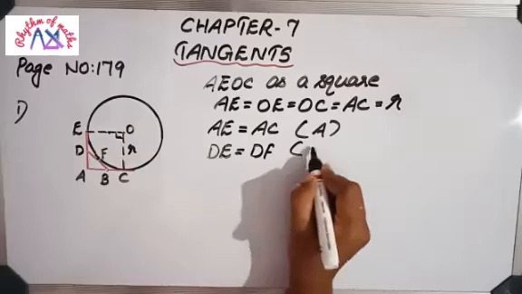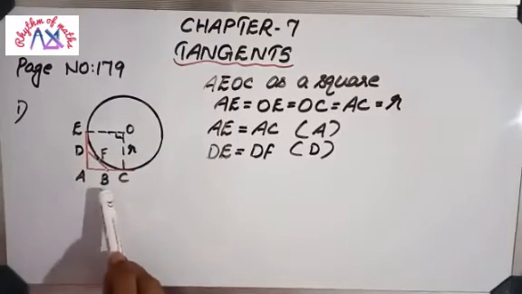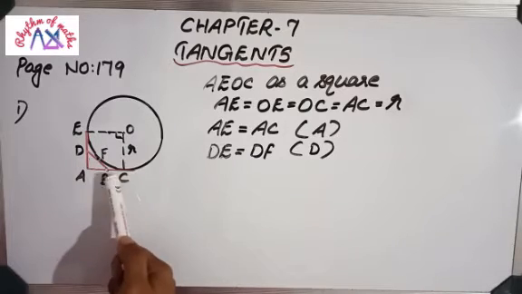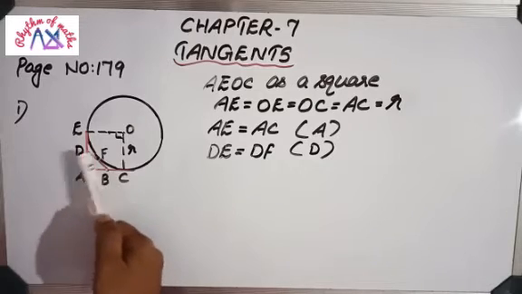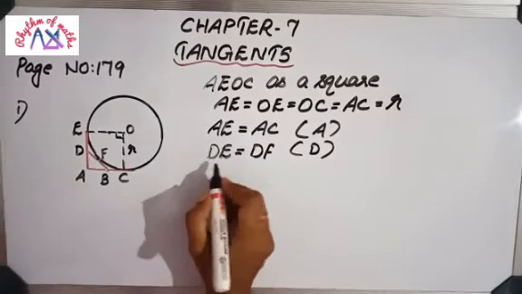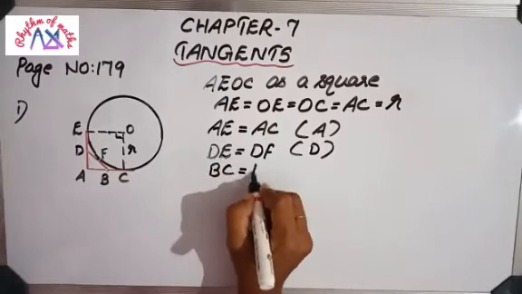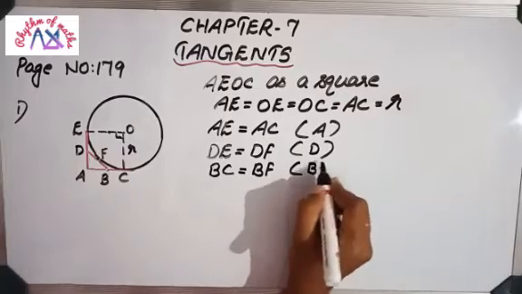DE equals DF. Similarly, from the point B we also have two tangents, BC and BF. Check the figure properly. These two are tangents from the same point B, so they are also equal. BC equals BF.